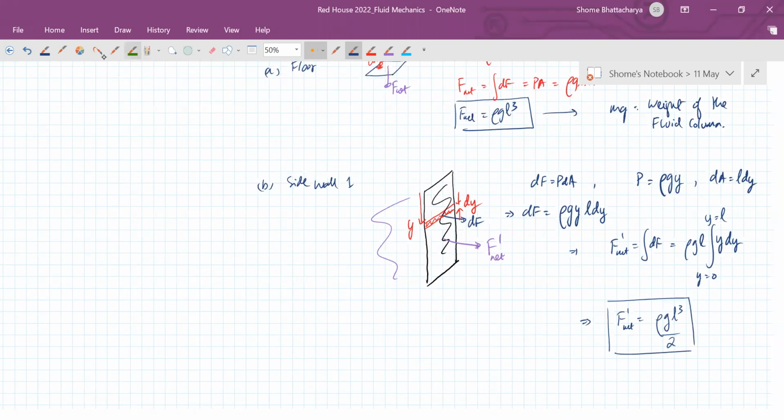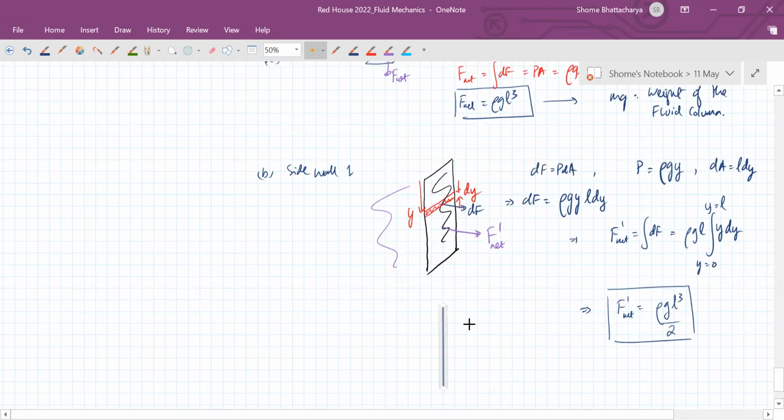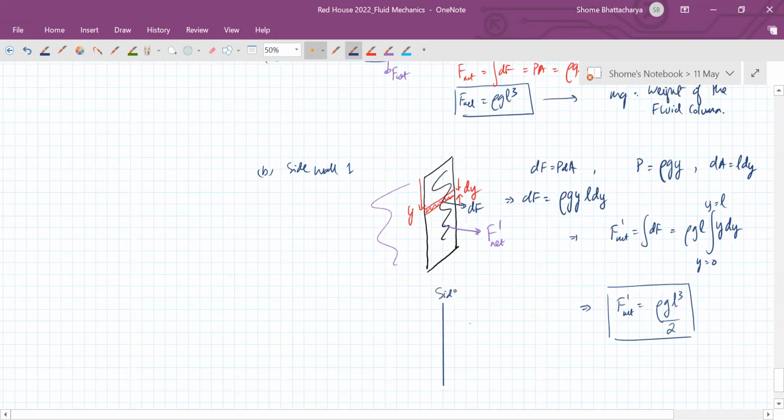And also if you see the force profile from the side, see the side view, because pressure varies with depth.